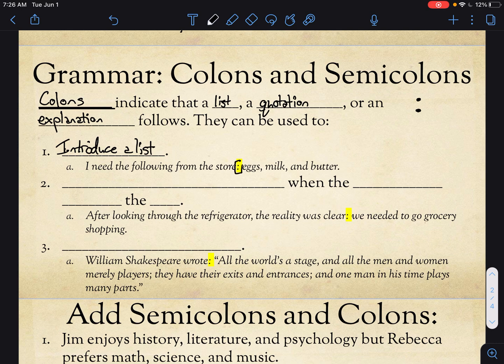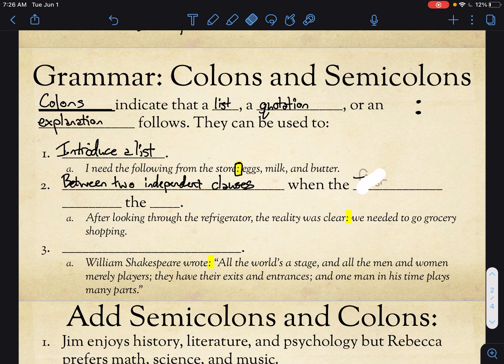First of all, if we're going to start a list, we can say, I need the following, colon, eggs, milk, and butter. Number 2, you put it between 2 independent clauses, two complete thoughts, when the second explains the first.